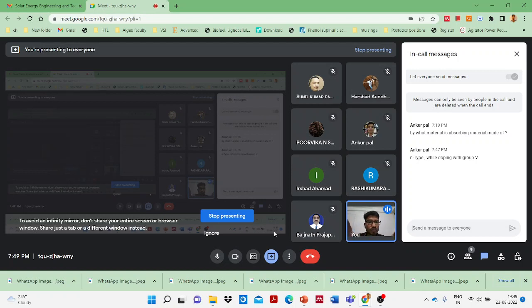I just wanted you to take the values given in the question, note them down, and try to fit these values in the formula. If anyone is doing so, please let me know.